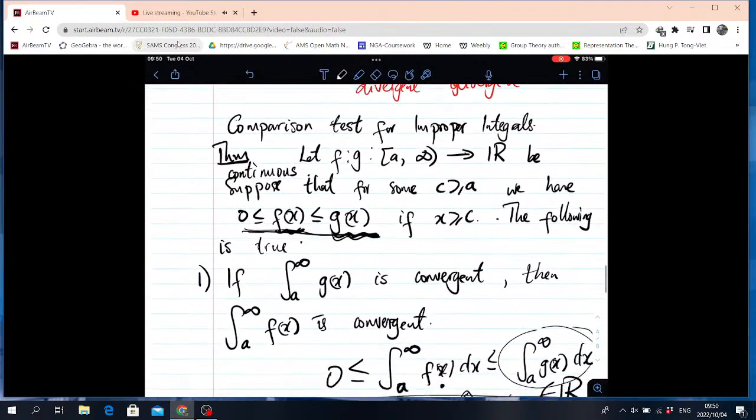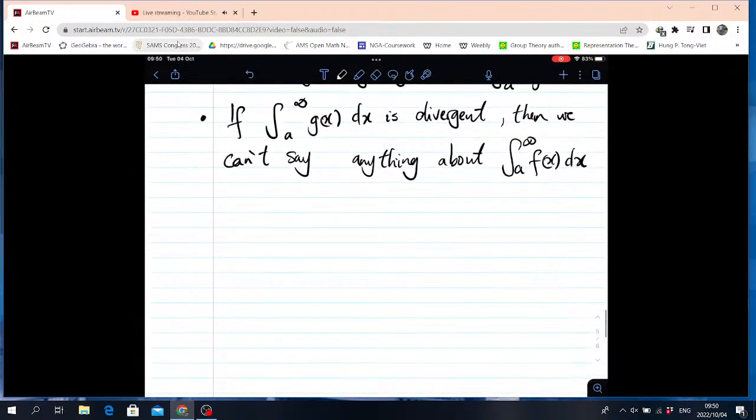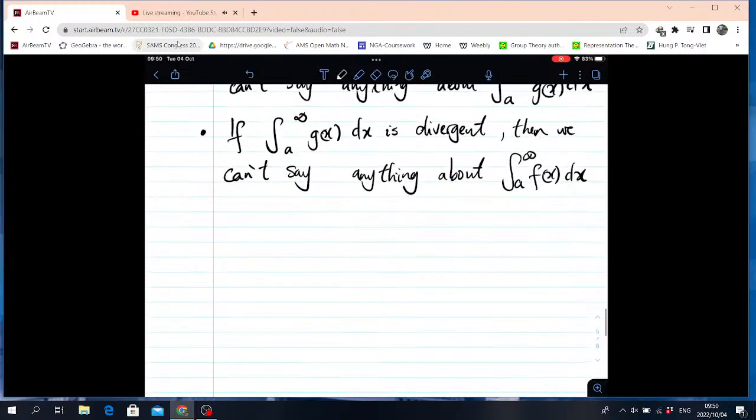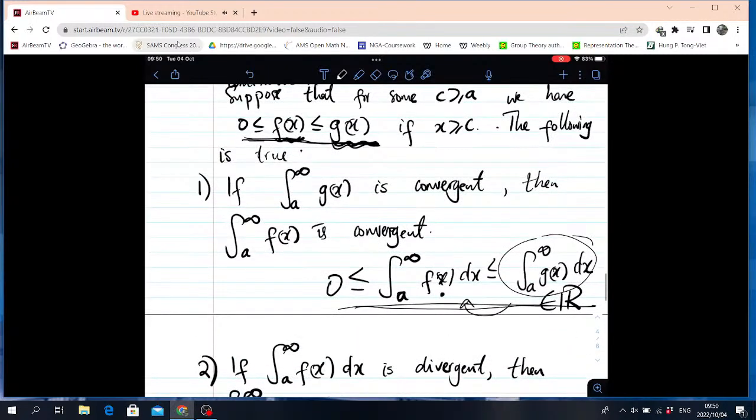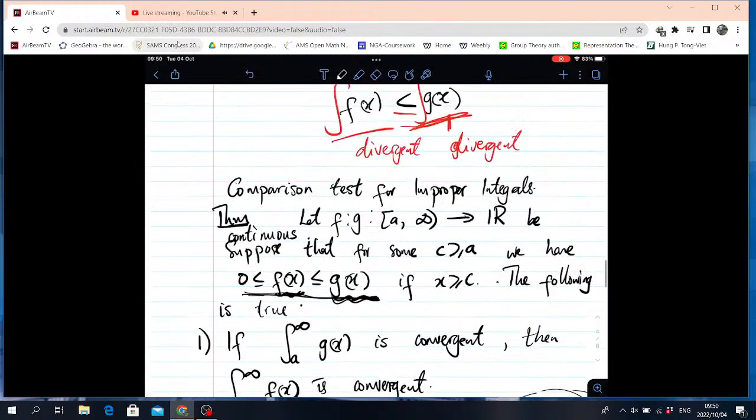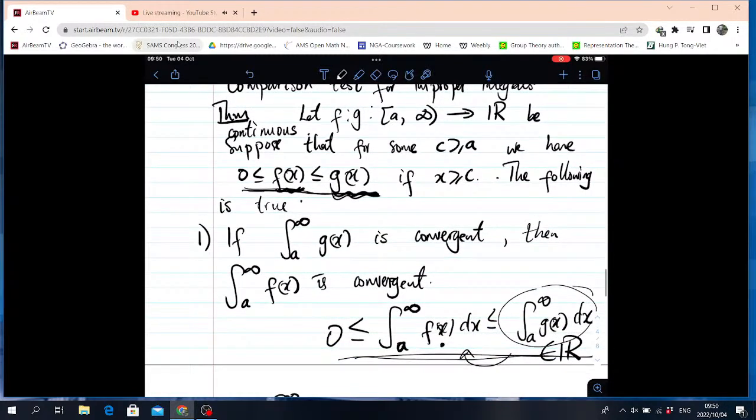Right. So we've got these scenarios, and here, if you look at the comparison test, suppose you were in this scenario and you knew that the integral of g of x here is convergent, and then you conclude that the integral of f of x is convergent.